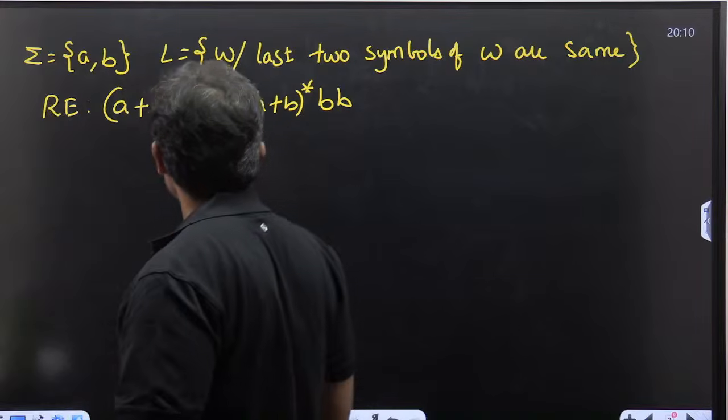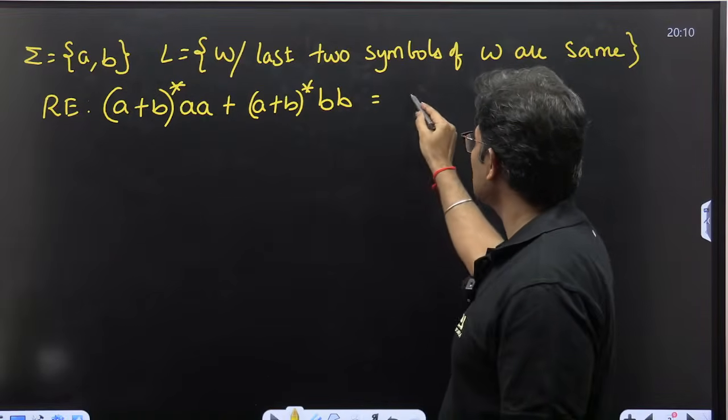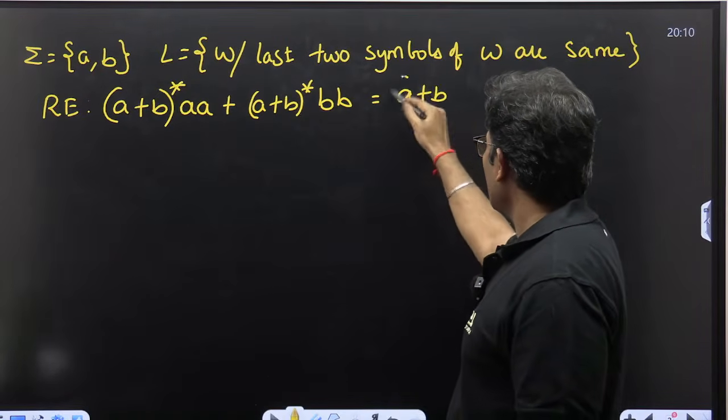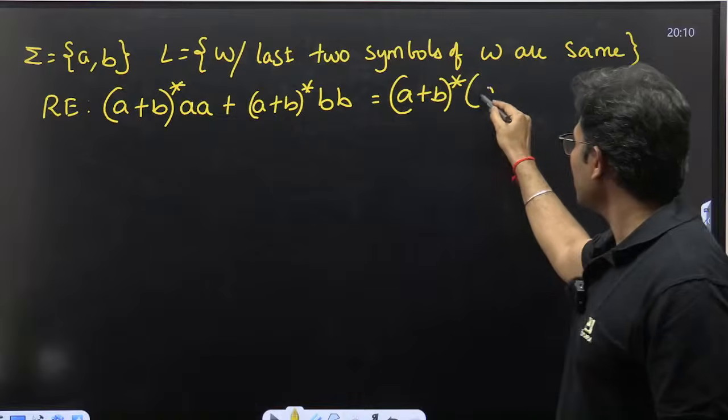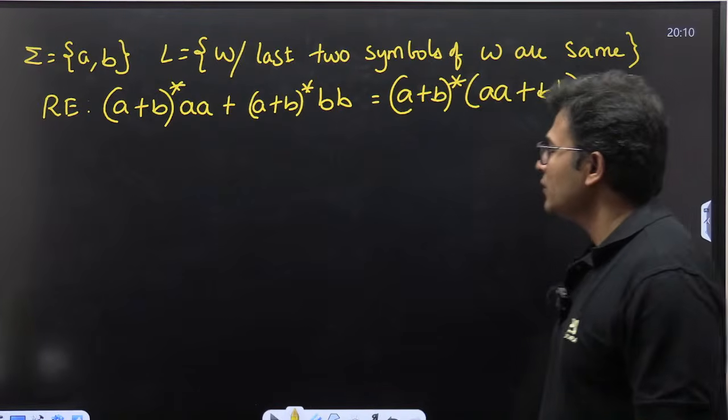And then you can even write it like this. You can pull out (a+b)* as common, and then it can end with AA or BB, right? And then you have given the DFA for this.